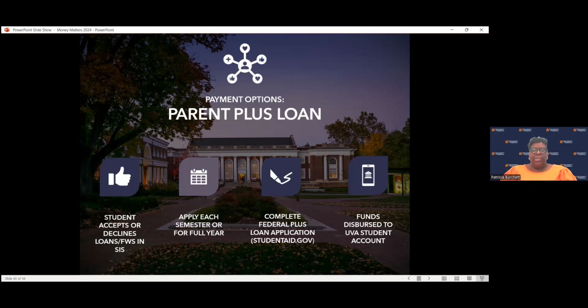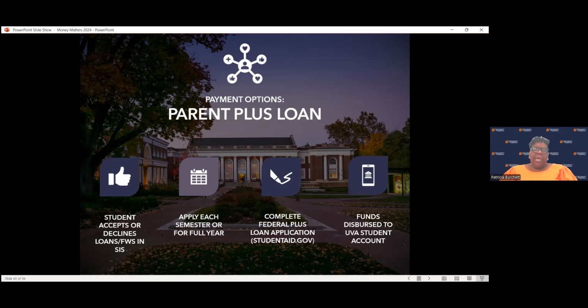A Parent Plus loan is a parent taking a student loan out themselves, in their own name, on behalf of their student. It's different. The criteria is different. It's not based on need, but there is a credit worthiness analysis that's done.